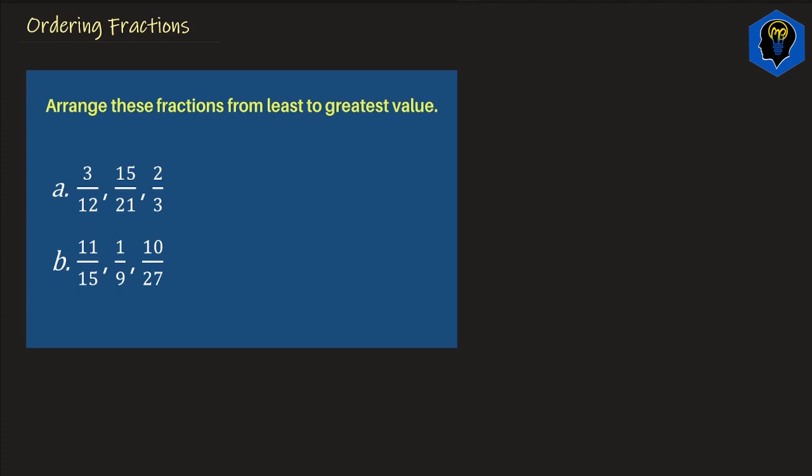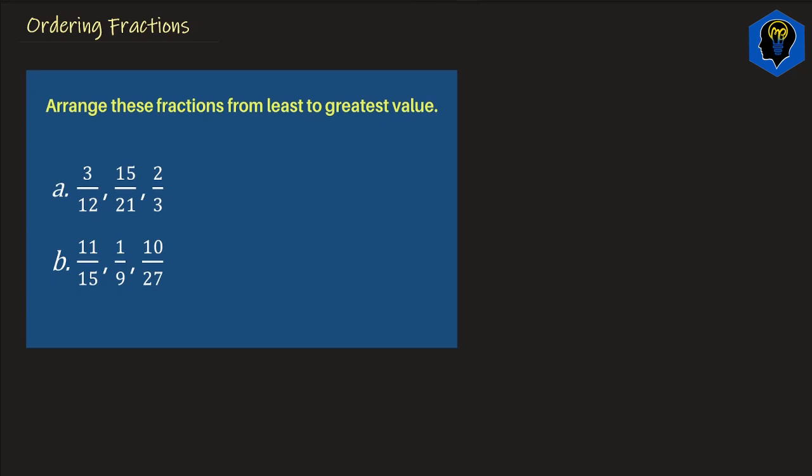So the instruction is arrange these fractions from least to greatest value. So remember, ang first step natin is so if you will notice all of the given are dissimilar fractions. So for example, for set A, you have 3/12, 15 over 21, and 2/3.